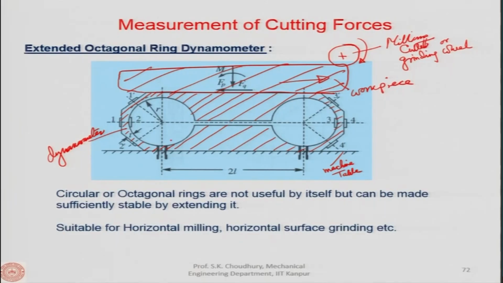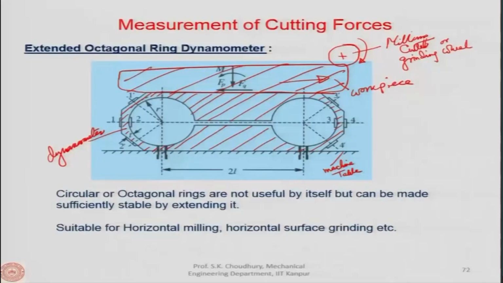So, now it is more flexible as well as very rigid, because it has very good rigidity and overall strength. Now, this hole and this slot also give the flexibility, so that a small amount of force acting, either a thrust or an axial force or a tangential force, can be easily sensed by the dynamometer. That is the idea.